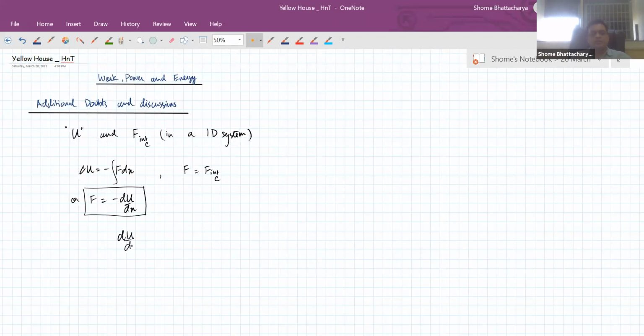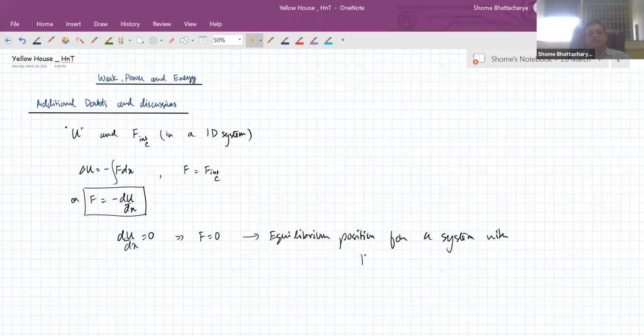From this, what we had understood is that dU by dx equal to 0 means that F is 0, which becomes an equilibrium position for a system with net force equal to this internal conservative force. That basically means that for that system, the external force should be 0 and the non-conservative force should also be 0.